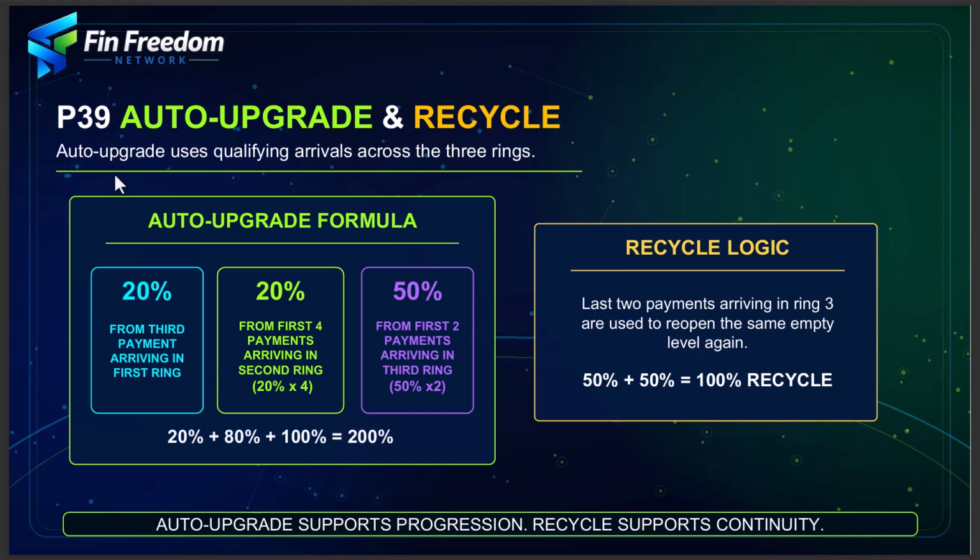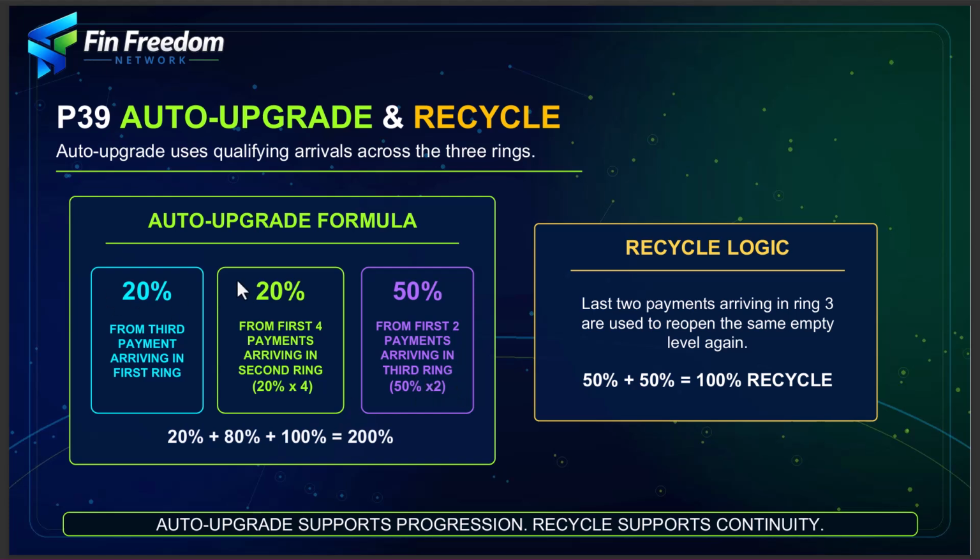Okay? In this P39 orbits, all right, auto upgrade uses qualifying arrivals across the 3 rings. So the auto upgrade formula works like this: 20% from the third payment arriving in first ring, 20% from the first 4 payments arriving in second ring, 50% from the first 2 payments arriving in third ring.